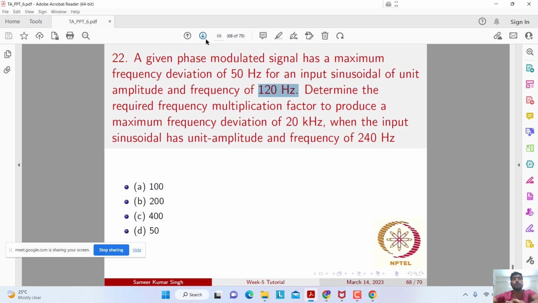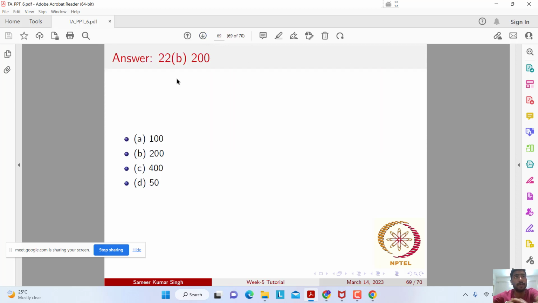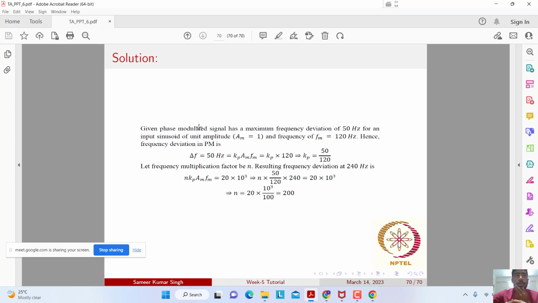Okay, so B part and the answer is 200. According to the question, the given phase modulated signal has a maximum frequency deviation of 50 Hz for an input sinusoidal of input amplitude 1 and frequency 120 Hz. So from there we can calculate the frequency deviation.